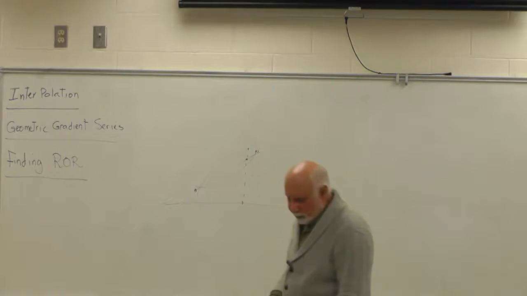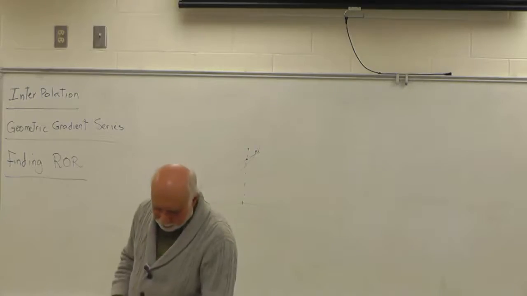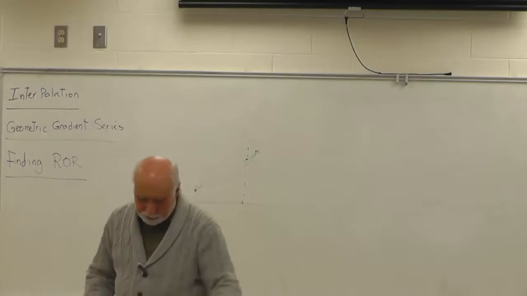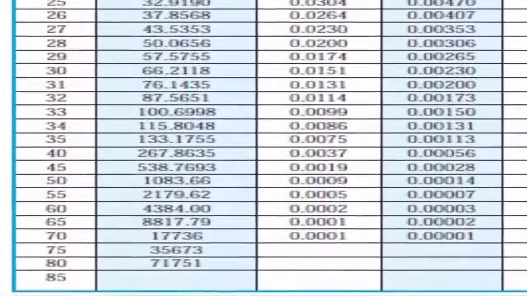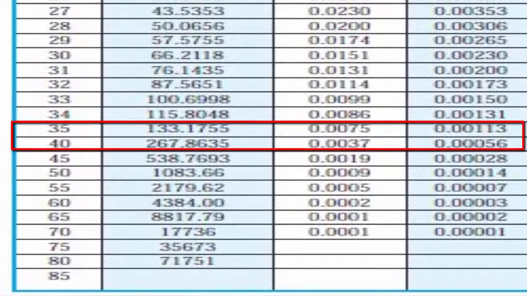Let's take the same example, which is right here, for 15%, and we are looking at the year 35 to 40. Interpolation is very easy. Don't get confused with interpolation at all. It's a very, very easy process.